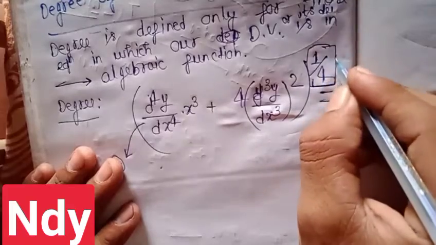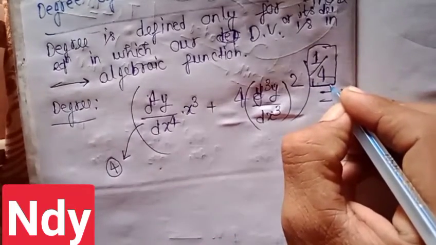In this case the power is fractional, that is 1 by 4.